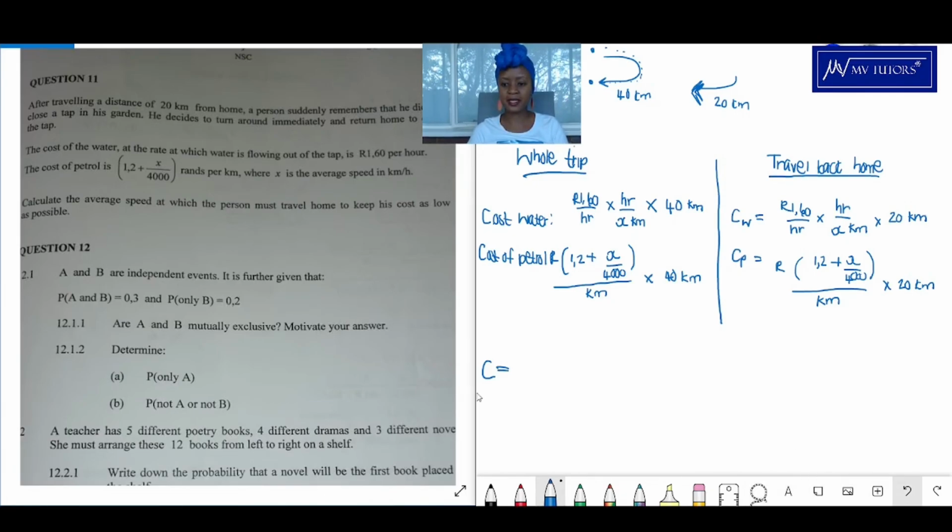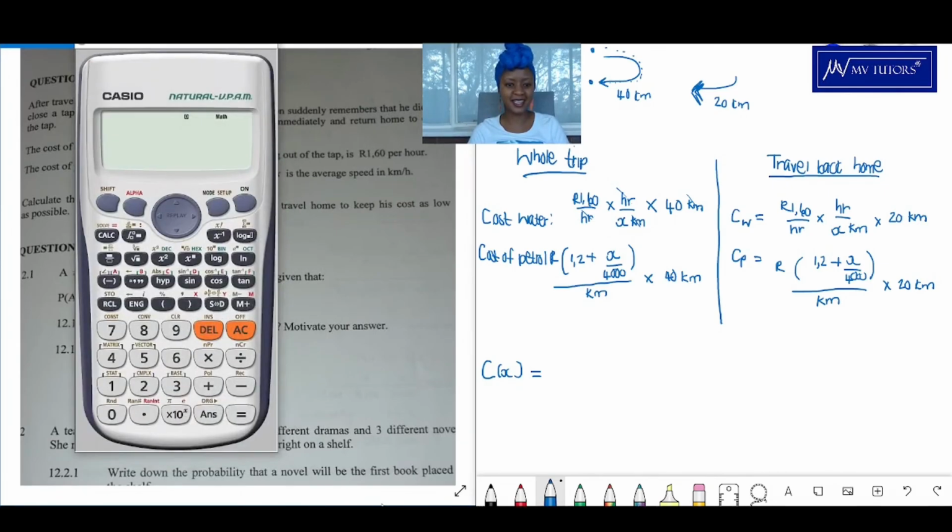Okay, so maybe let us do this. Cost in terms of X. So if I do the first one, the hours are going to cancel, the kilometers are going to cancel. So I have 40 times 1,6. Calculator. 40 times 1,6, that is just 64.